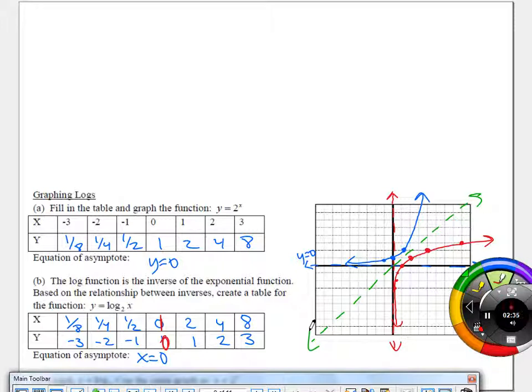So now the question is, how can we always go through and graph some of these log functions? Just like we graphed exponential functions, eventually people are going to give you problems that look, say, like this.